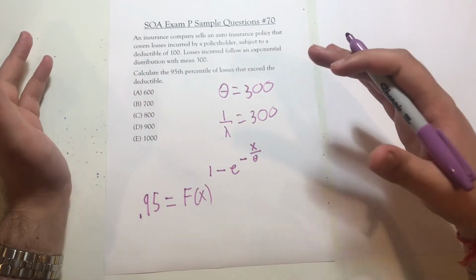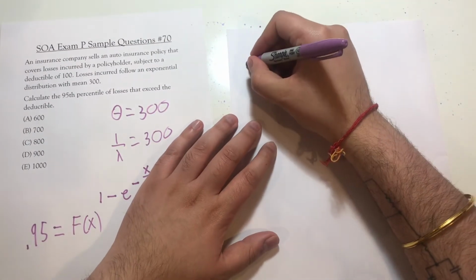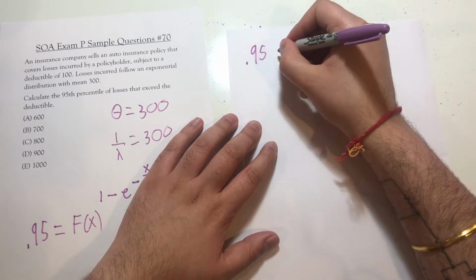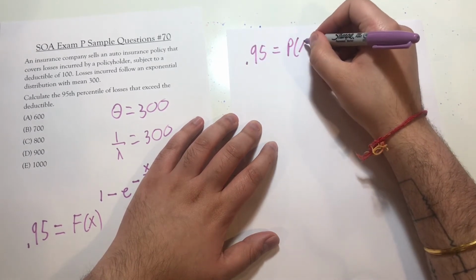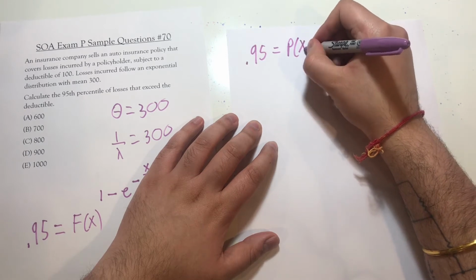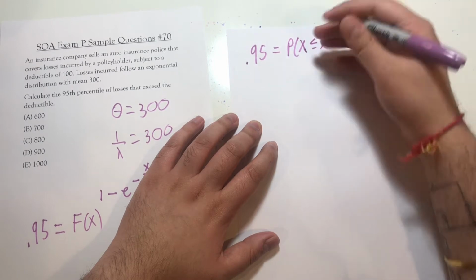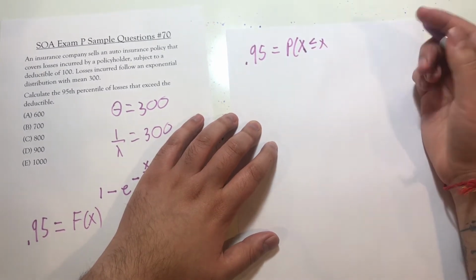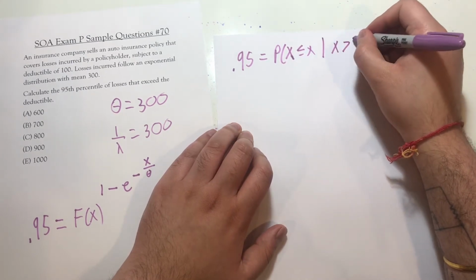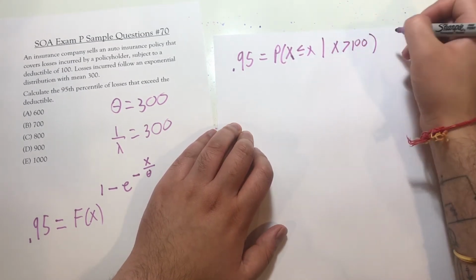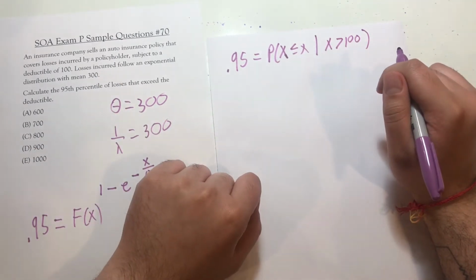All right, so that is a conditional probability now. So 0.95 must be equal to the probability of x being less than or equal to some specific x value. We're not sure what that is. That's what we're trying to find out, given that x is greater than 100, right? Where x is the actual loss.